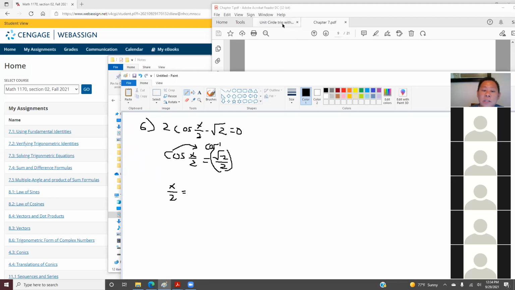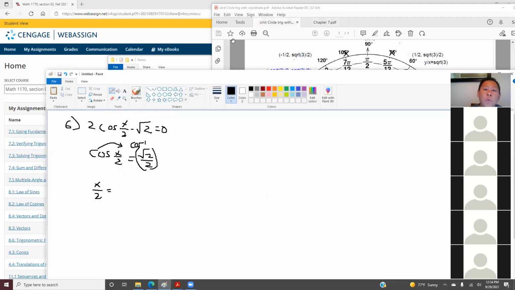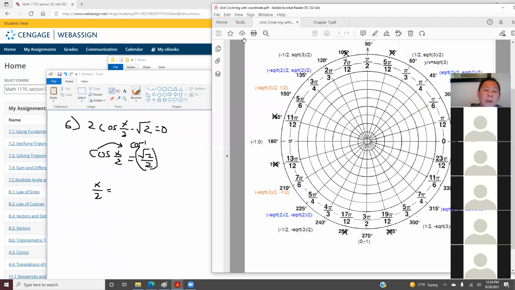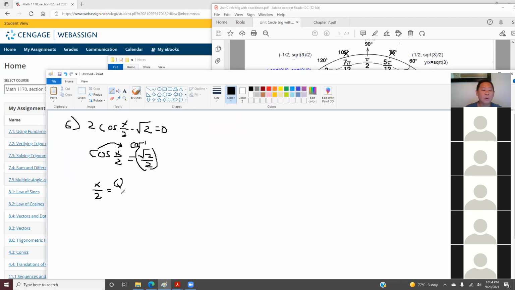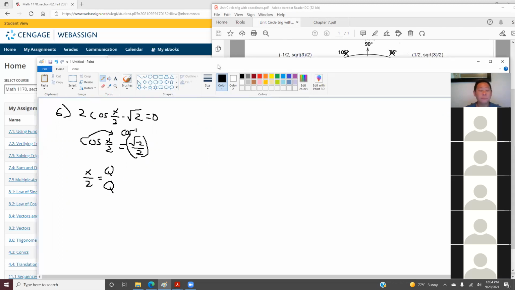So looking at the unit circle, can you tell me in what quadrants cosine is positive? This is positive because when you move the negative one, it becomes positive. What quadrants make cosine positive? Two answers, or two quadrants. Quadrants 1 and 4.